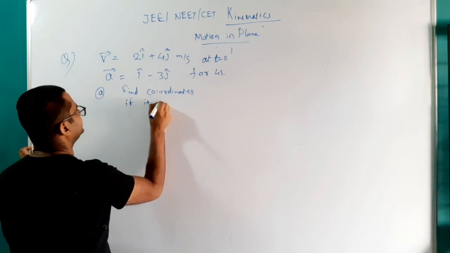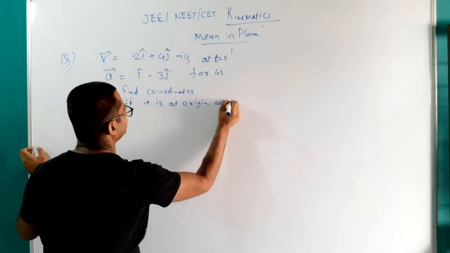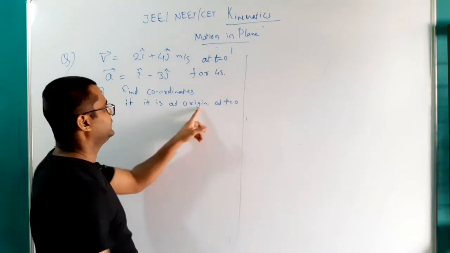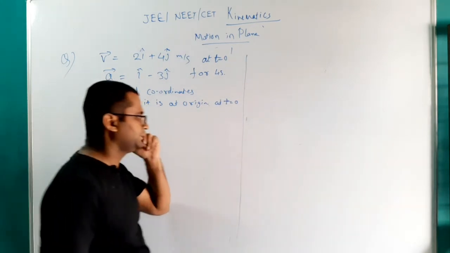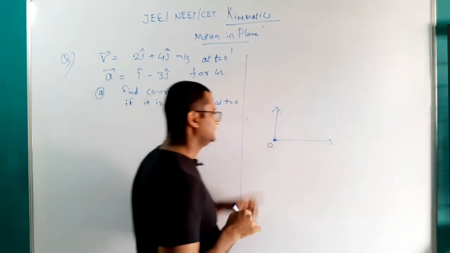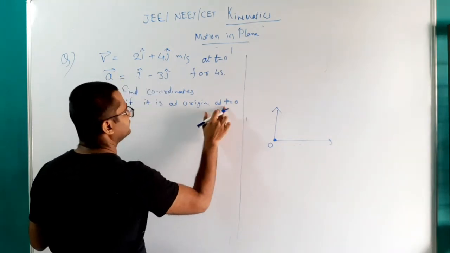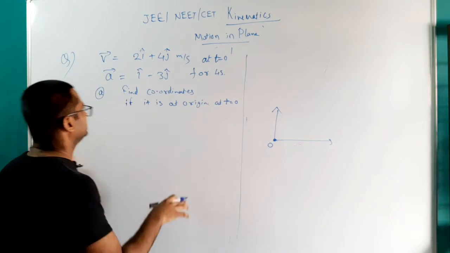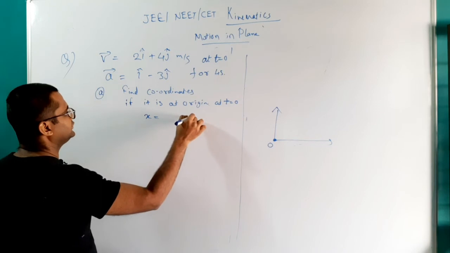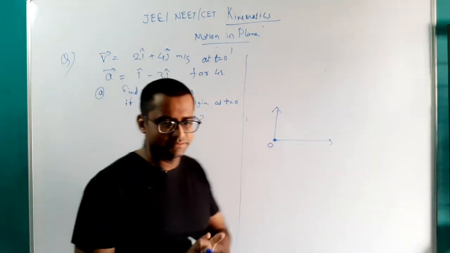This part, that it is at origin at t equal to 0, specifies that the motion starts from origin. That's why it is given that it is at origin at t equal to 0. So we want to find coordinates, so simply we want to find the equation for x and the equation for y. Let us work this out.